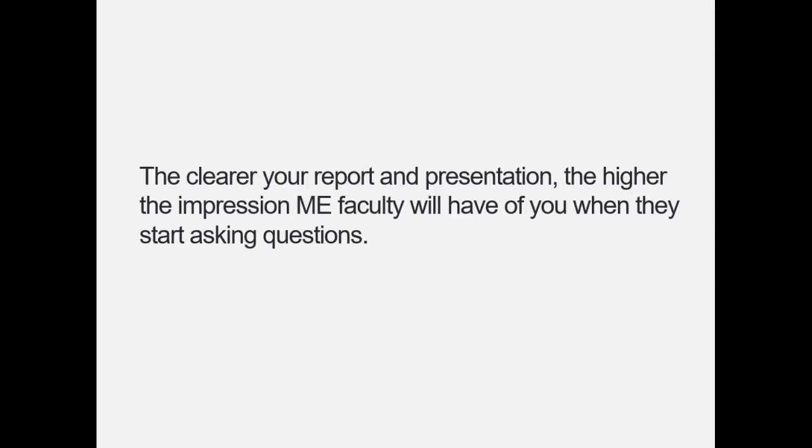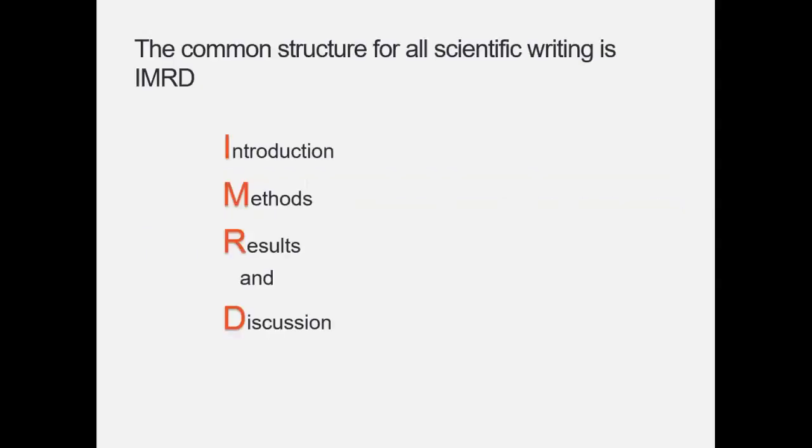I'm going to start off with a very high-level overview of the structure of your report and presentation, and then I'm going to talk about the details of each section. Let me start at a very high level and explain that the common structure for all scientific writing is called IMRAD, I-M-R-D, or sometimes I-M-R-A-D. And the A there stands for AND.